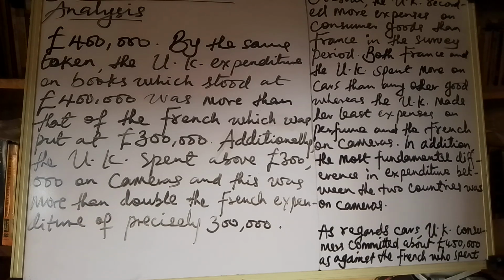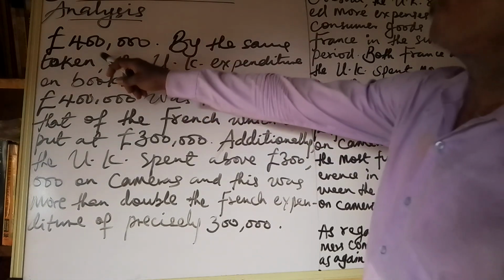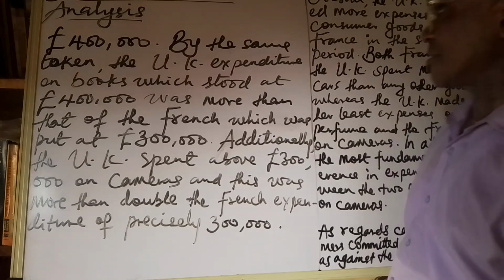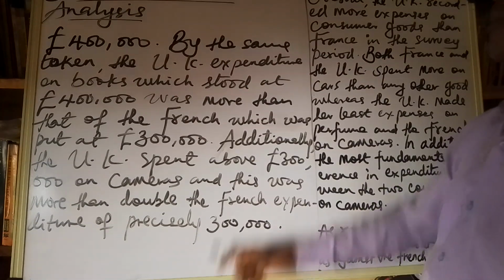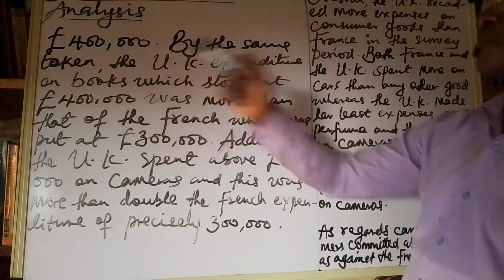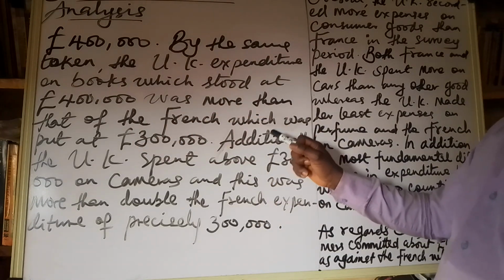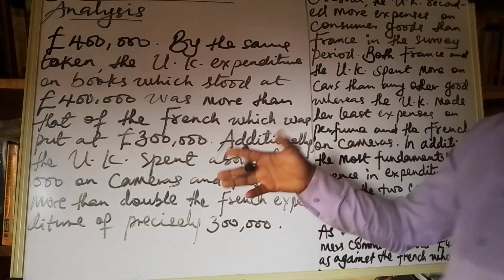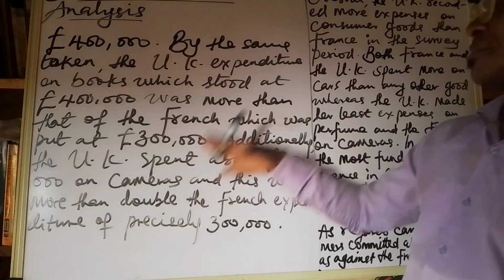It says, as regards cars, the UK consumers committed about £450,000 sterling as against the French, who spent £400,000 sterling. By the same token, the UK expenditure on books, which stood at £400,000 sterling, was more than that of the French, which was at £300,000.